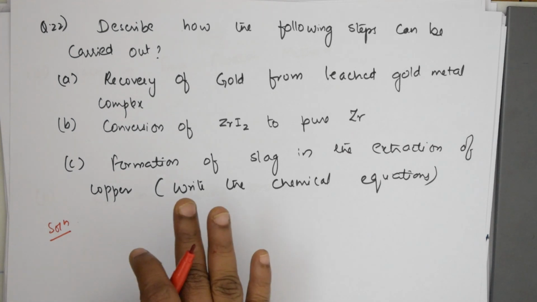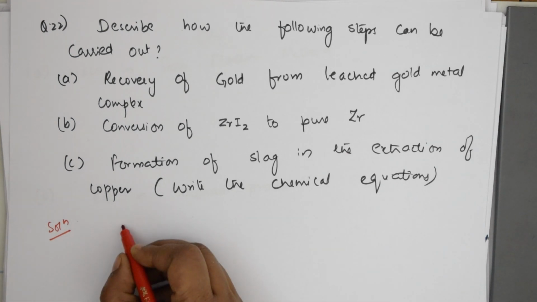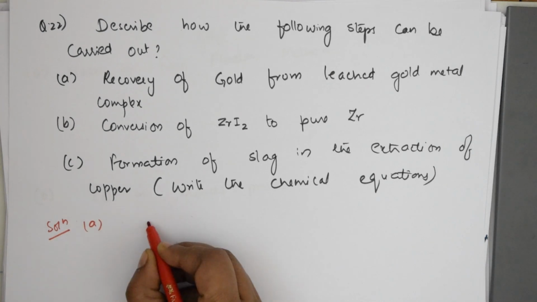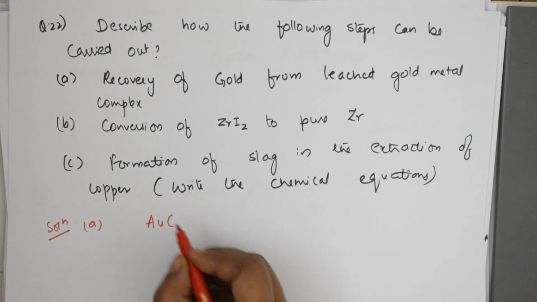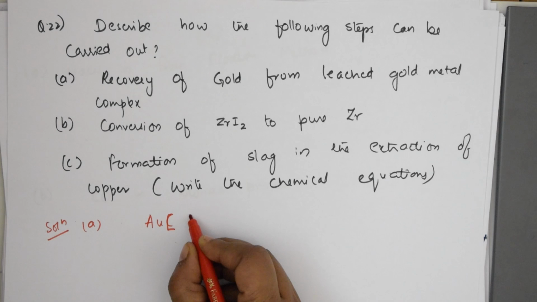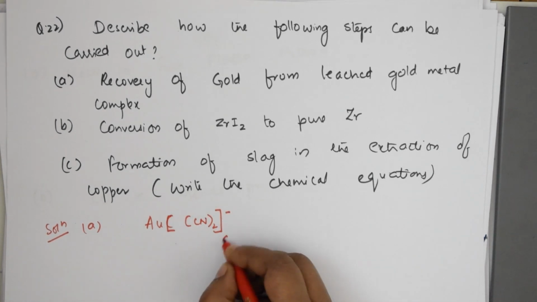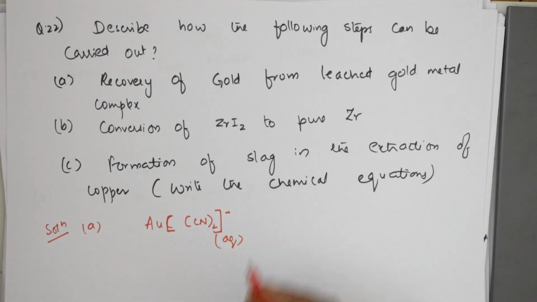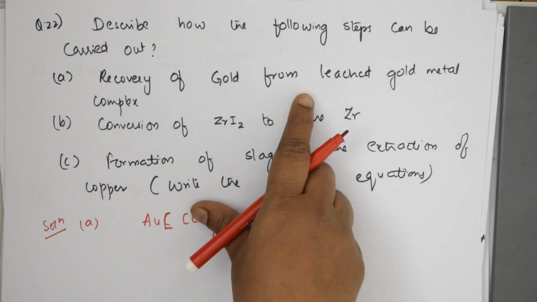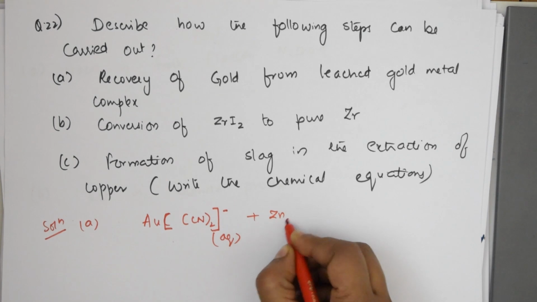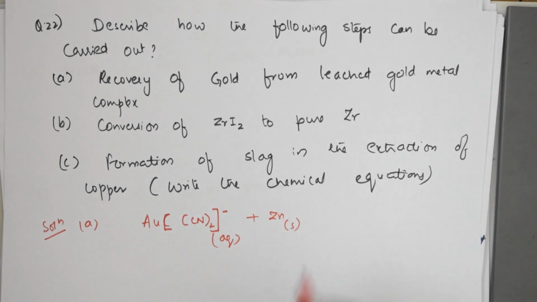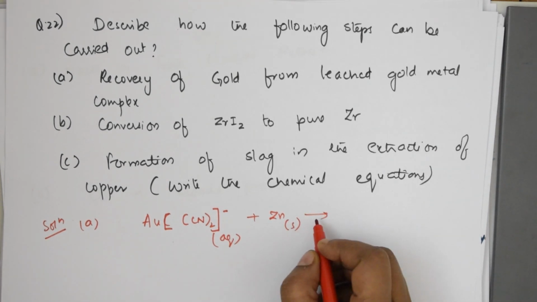So leached gold complex, right? So what is a gold complex? I'm going to do the first question. The gold complex is auric cyanide, with this overall charge, in aqueous medium. I'm going to treat it with zinc, which is in solid state. Then what happens?